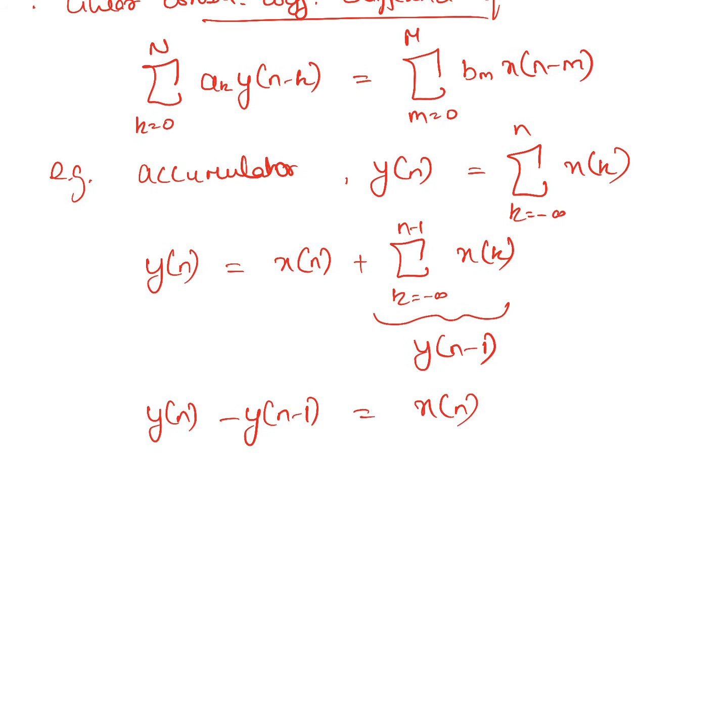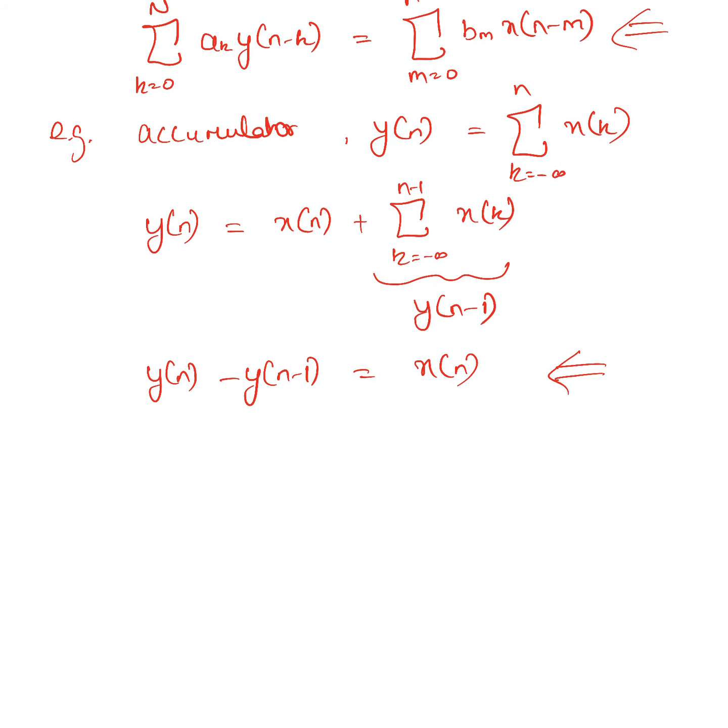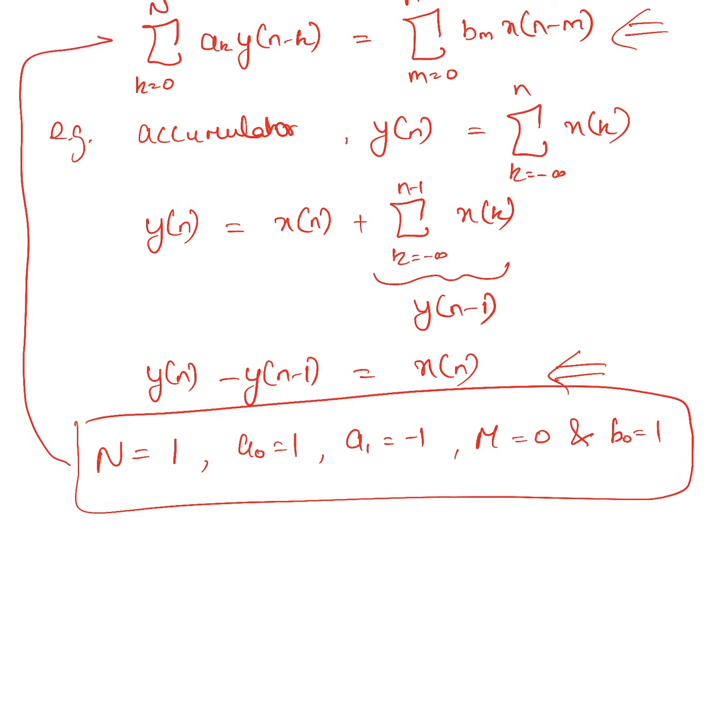Now if you see the similarity between this difference equation and the general one, you can obtain this directly by substituting N equal to 1, a naught equal to 1, a1 equal to minus 1, and on the right hand side M equal to 0 and b naught equal to 1. So if I substitute this entire part, you will get this difference equation of the accumulator.